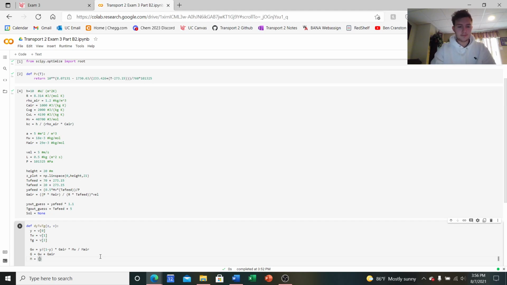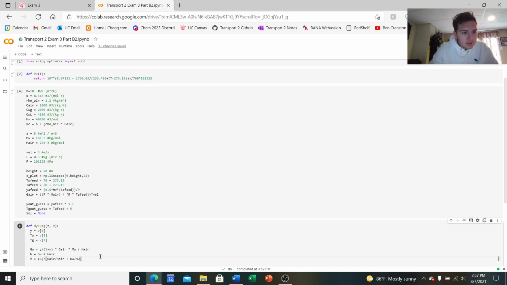It will be the total gas flow rate, which will be pretty much just G at this point, divided by the gas flow rate of the air divided by the molecular weight of the air, plus the summation of whatever else is going to be on to it, which is the gas flow rate of the water divided by the molecular weight of water.